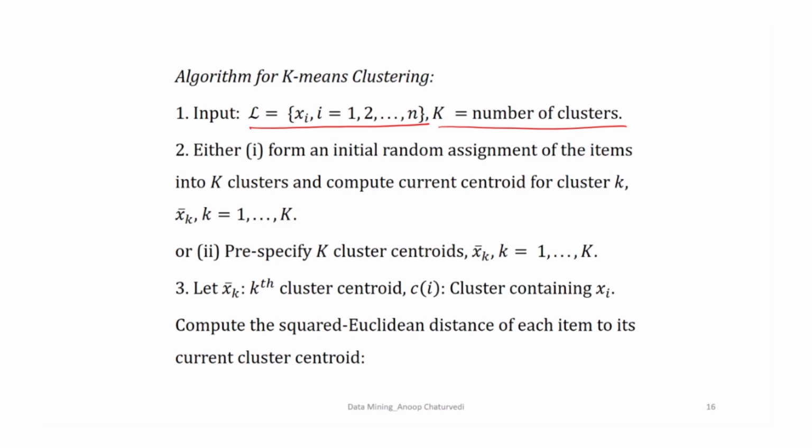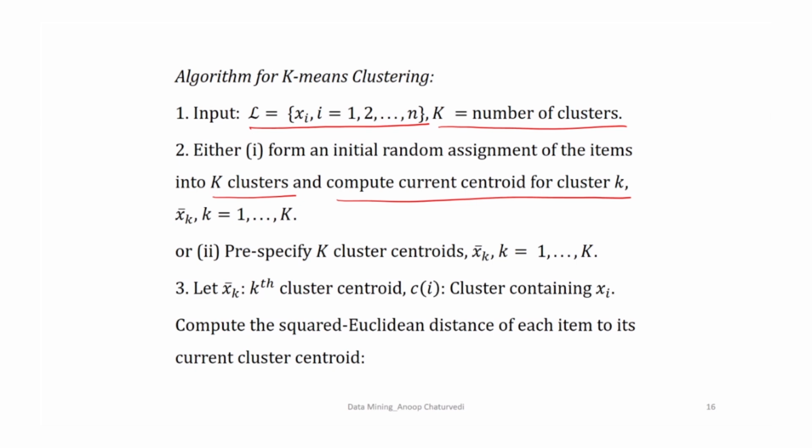Then for the initial assignment of clusters, we form an initial random assignment of items into k clusters and compute the current centroid for each cluster.